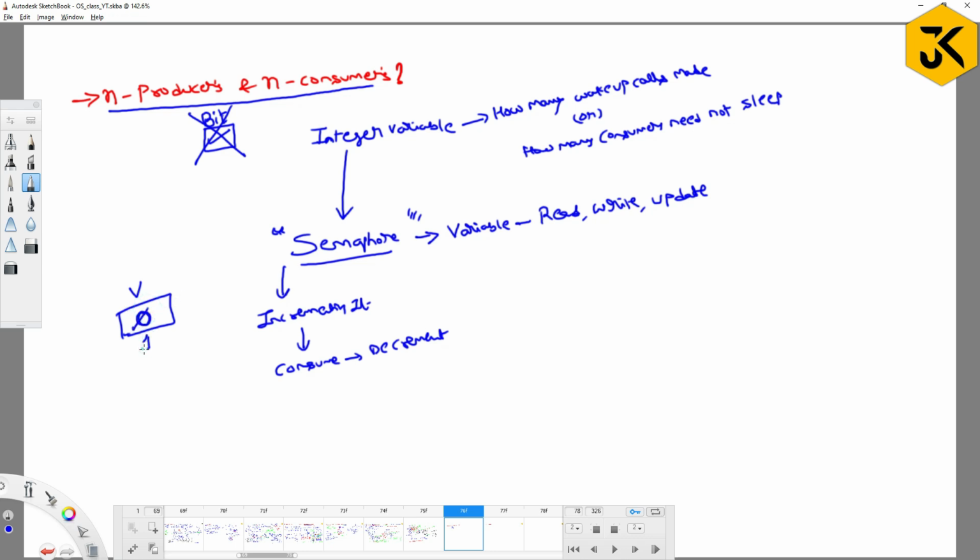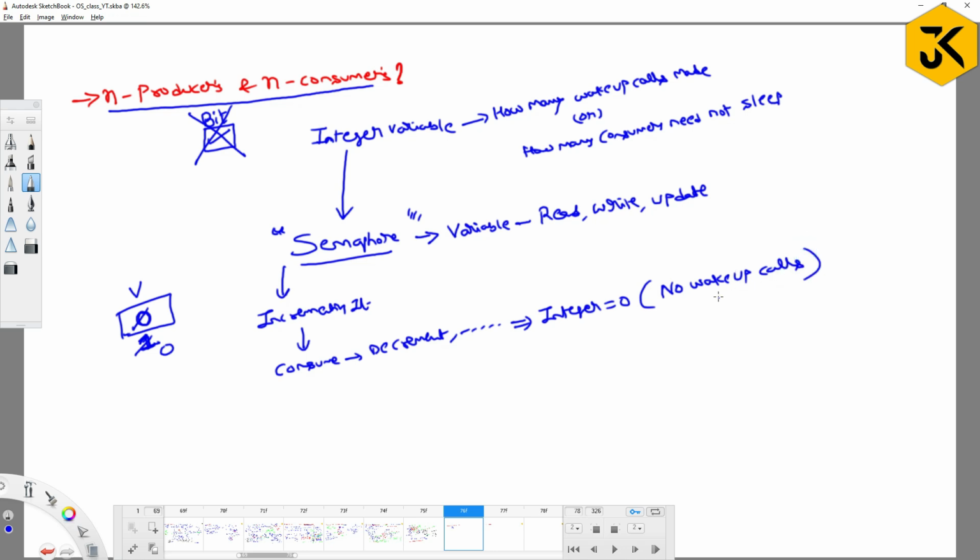When it contains 1, it means I have got one wake up call. So if I am consuming it, I can decrement it and check whether I can go for sleep or not, right? When the integer value becomes 0, I understand that there are no wake up calls available.